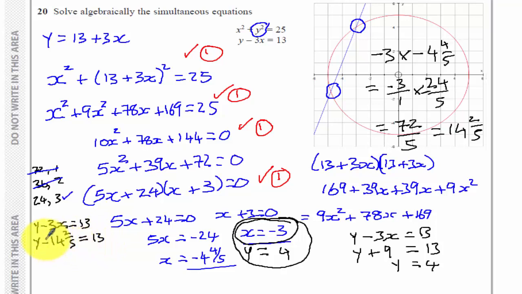So that would be plus 14 and 2/5, won't it? It's a positive answer. Take it from both sides. So y will be 13 take 14 and 2/5, which will be minus 1 and 2/5. So when x is minus 4 and 4/5, y is minus 1 and 2/5.